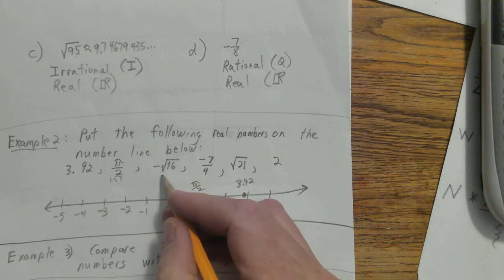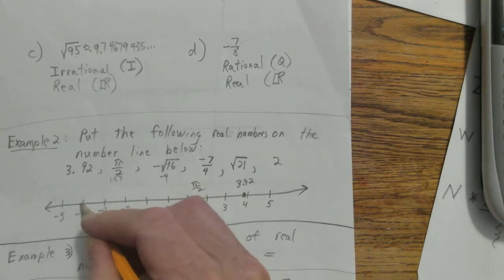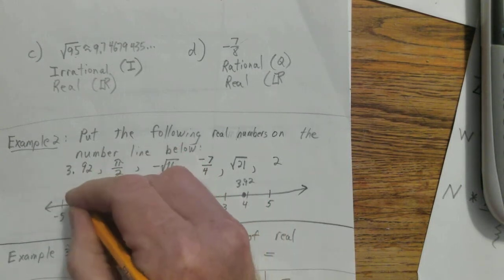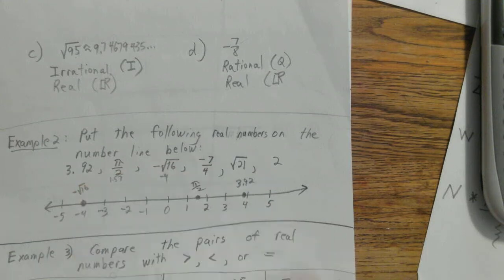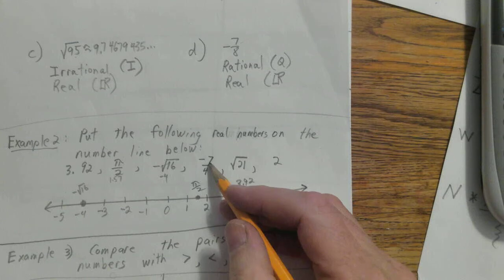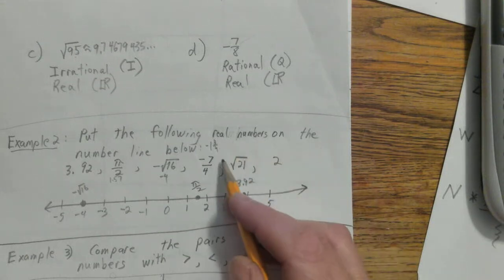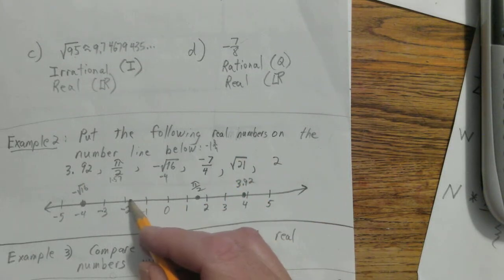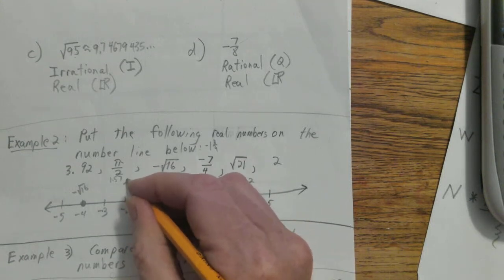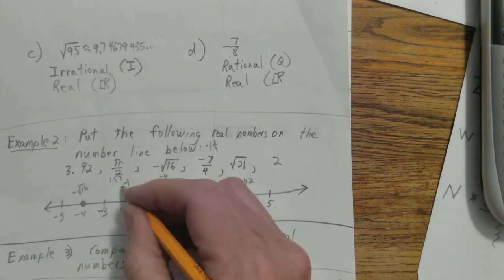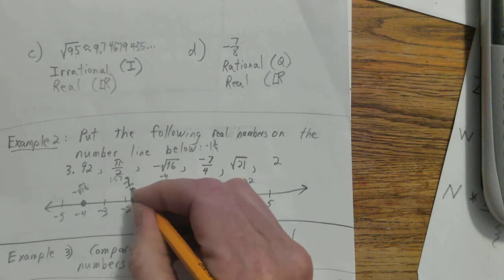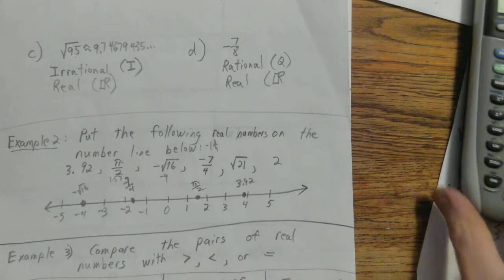Negative square root of 16, that's negative 4. I'm going to put it right there. Put the negative square root of 16 over it. Negative 7/4. I think that's negative 1 3/4, if you convert that to a mixed number. Here's negative 1, about 3/4 of the way is right here. Negative 7/4. I said I wanted to keep it in the same form it was in.